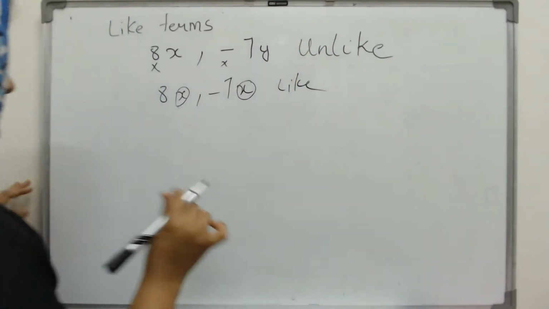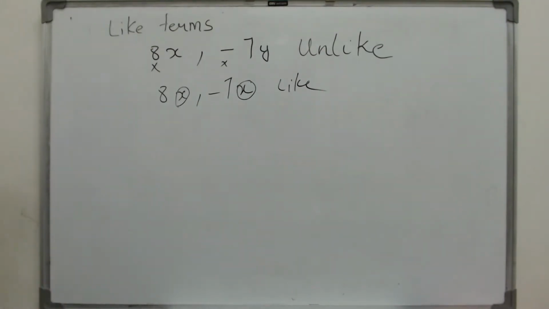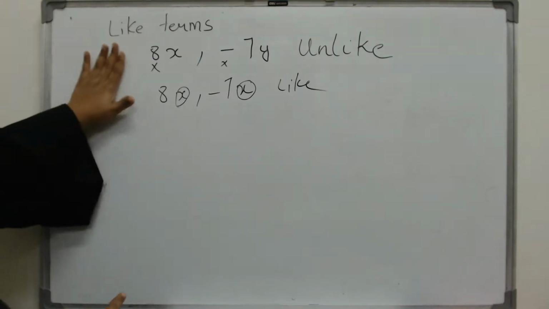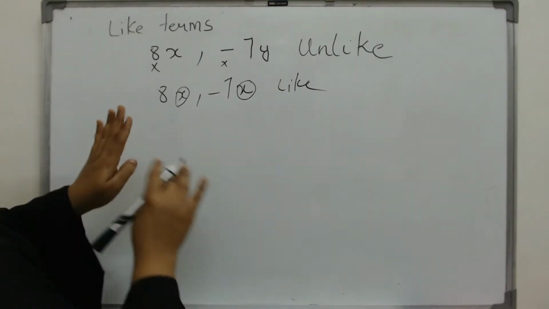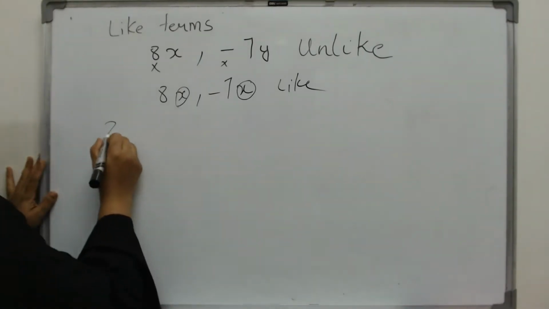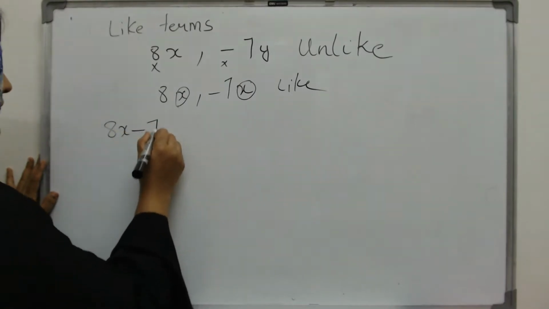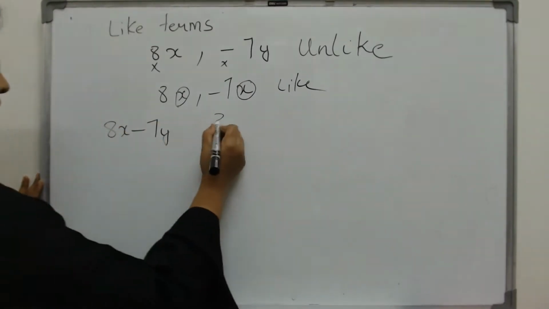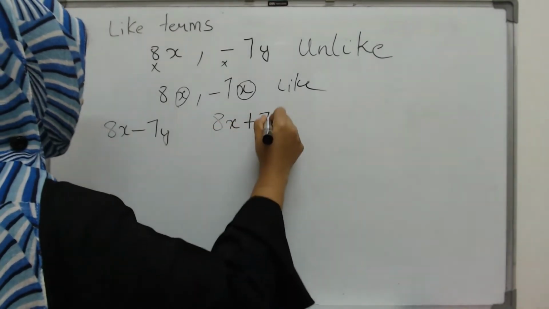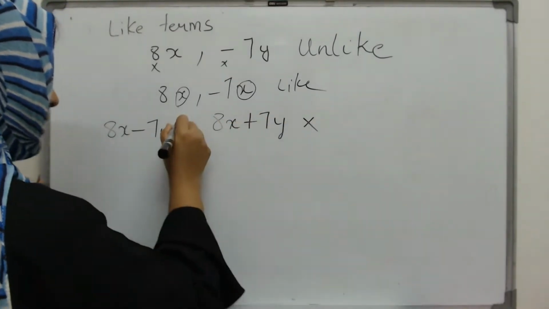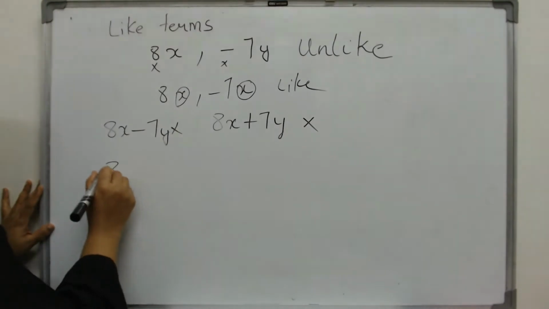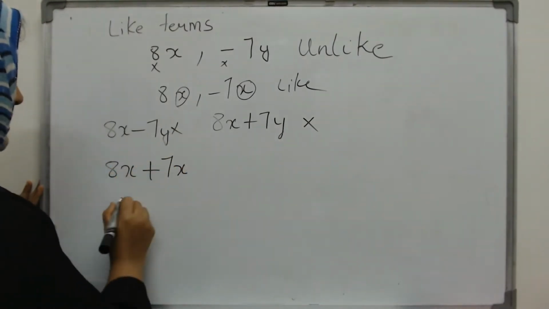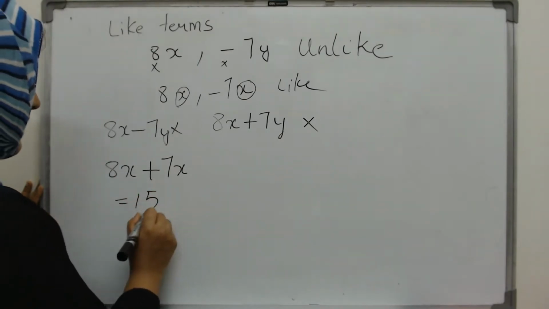One good thing about like terms is that you can add and subtract them. But unlike terms, you cannot add or subtract. See this? 8x minus 7y, that's all, finished. There is nothing more you can do there. 8x plus 7y, again, nothing more you can do here. But 8x plus 7x, what is this? This will be 15x.